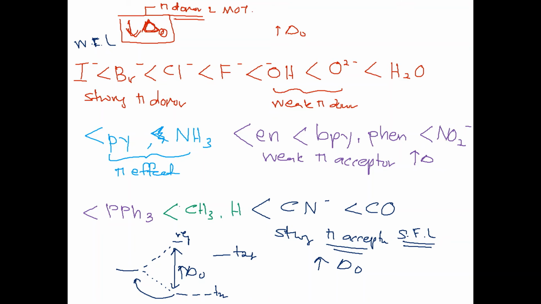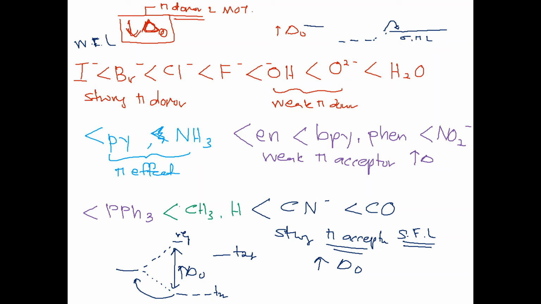While for the pi donor, you have a similar energy level for the sigma and the pi ligand, and your T2g here will have the characteristic of the ligands.